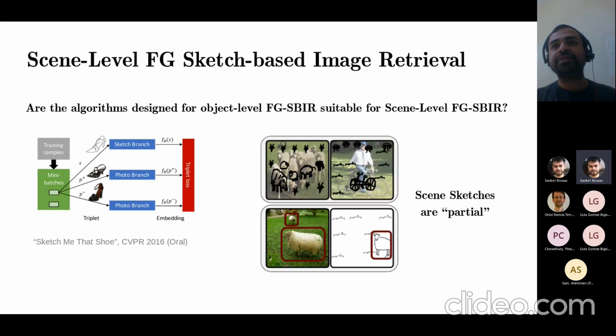And the answer I would say is, well, scene level has some additional challenges, which is something called partialness. You see, we have overlapped a sketch drawn on top of the photo, and in the photo there are 9 sheep, but in the sketch there are hardly 4. Or even the bicycle that's been drawn is smaller than in its photo.